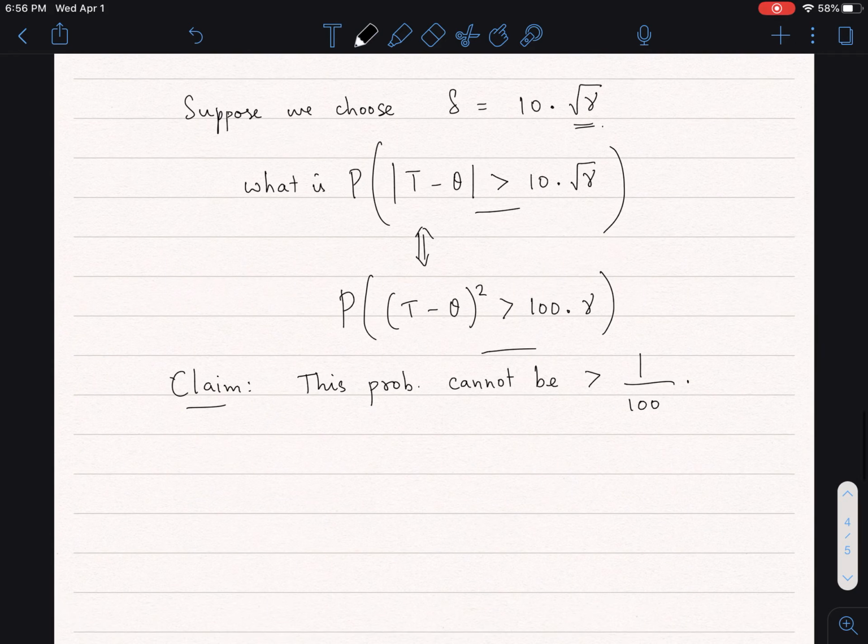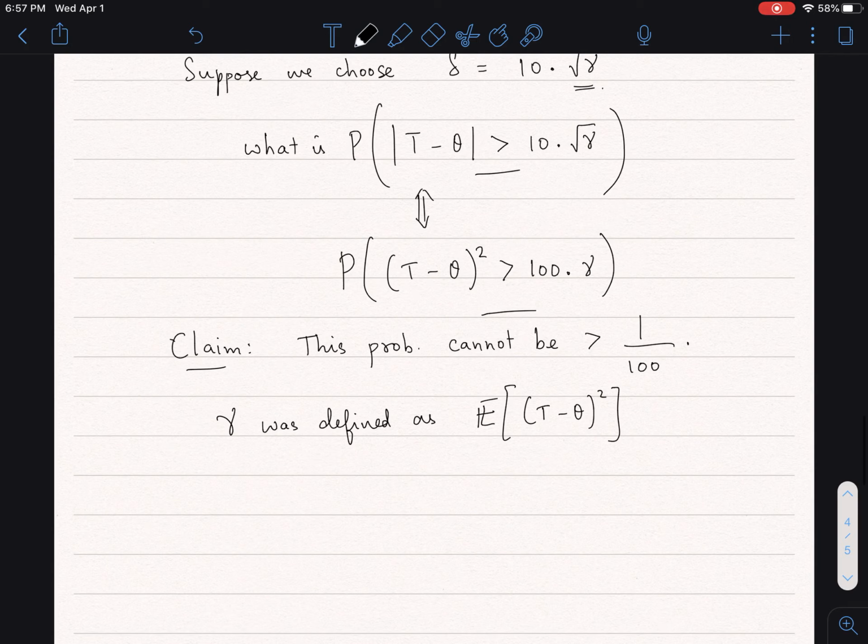I will derive this kind of inequality formally, but let me give you some intuition first. How was gamma defined? Gamma was defined as the expected value of t minus theta whole squared.